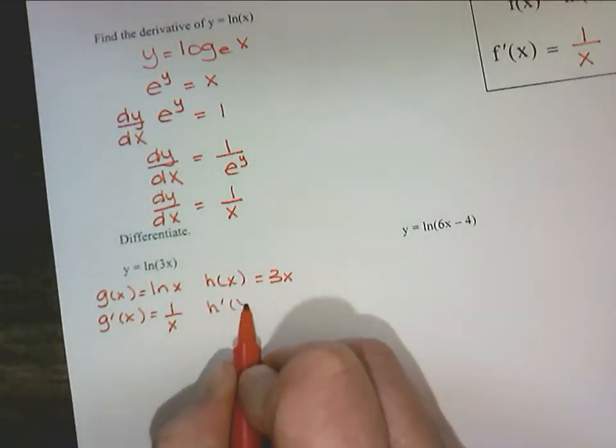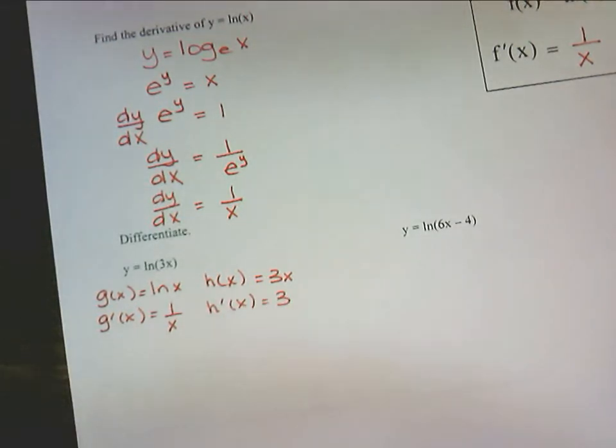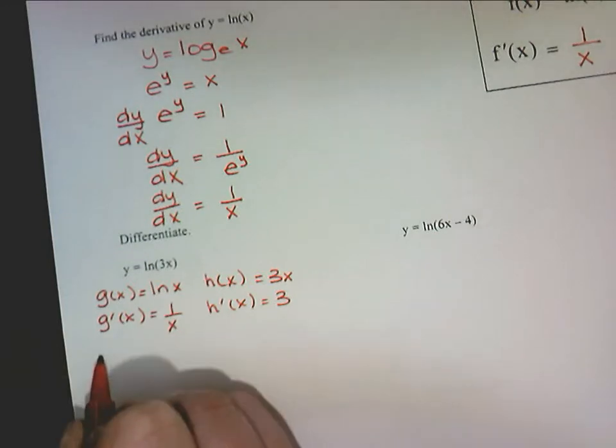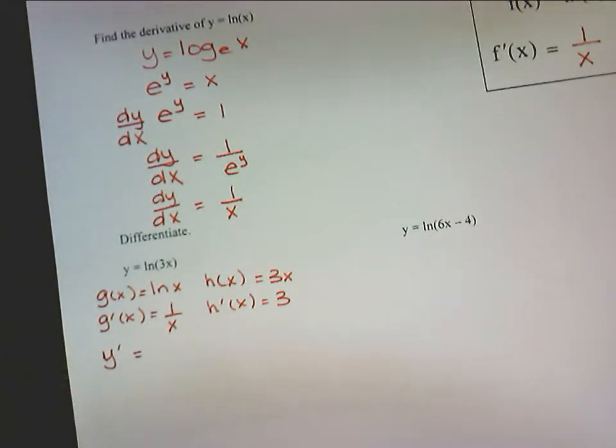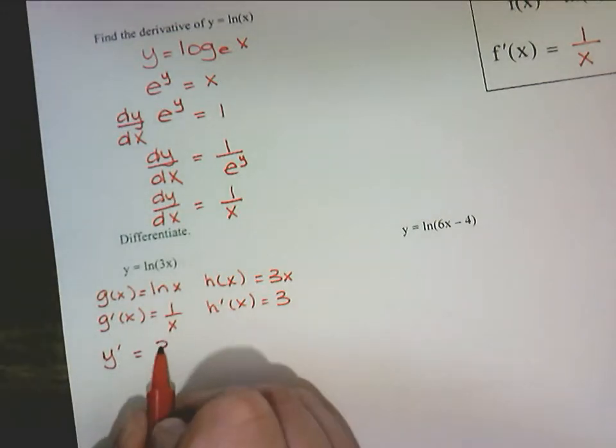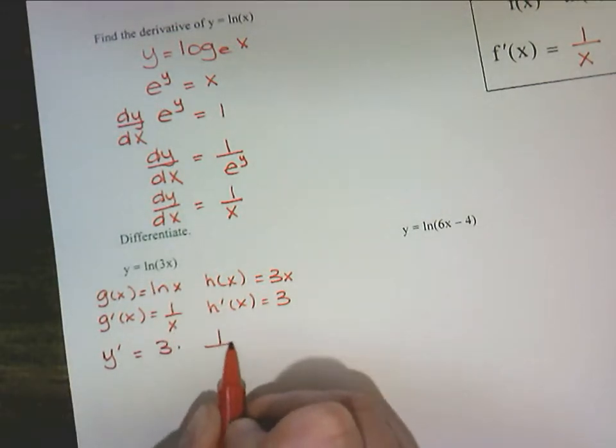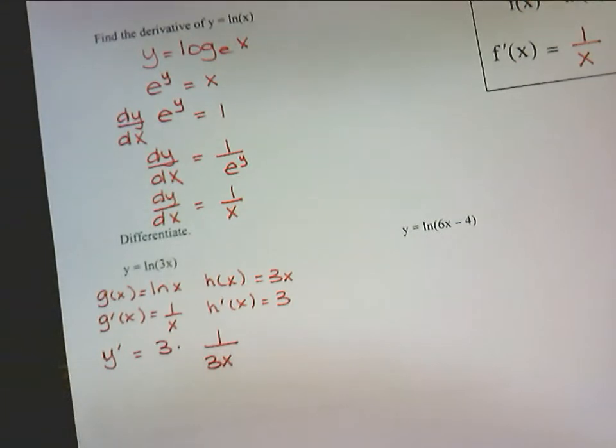And I want to say that h prime of x is equal to 3. So I know that y prime is equal to h prime times g prime of h of x. Well, this simplifies nicely to 1 over x.